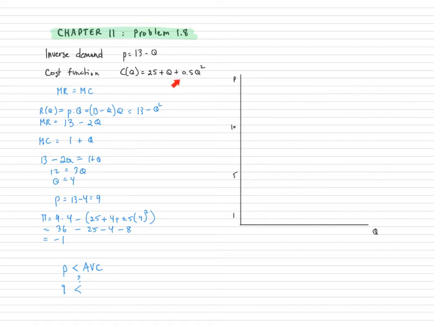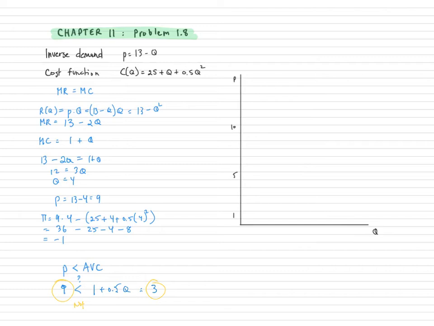Here's our cost function, and the part that depends on quantity is our variable cost, and therefore our variable cost is Q plus 0.5 Q squared, which makes the average variable cost equal to 1 plus 0.5Q. And since Q is 4, the average variable cost is 3. So clearly here we see that 9 is not less than 3, and therefore the monopolist should not shut down. It should keep producing in the short run.